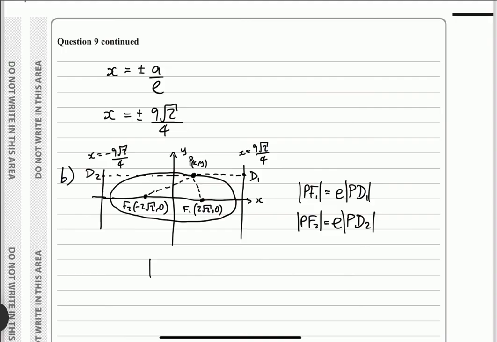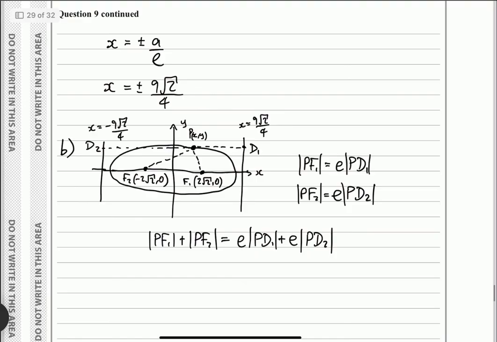Now when we come to doing PF1 plus PF2, we're going to change that into e times PD1 plus e times PD2, because D1 I can find out fairly easily because we know where that directrix is, and we know up to the focus point that is a fixed distance, that never changes.